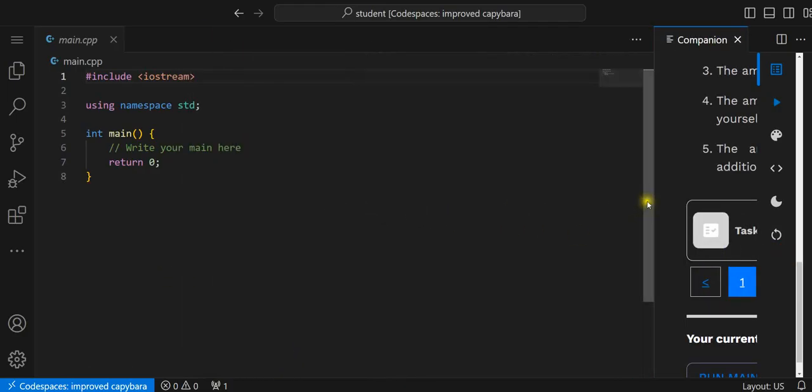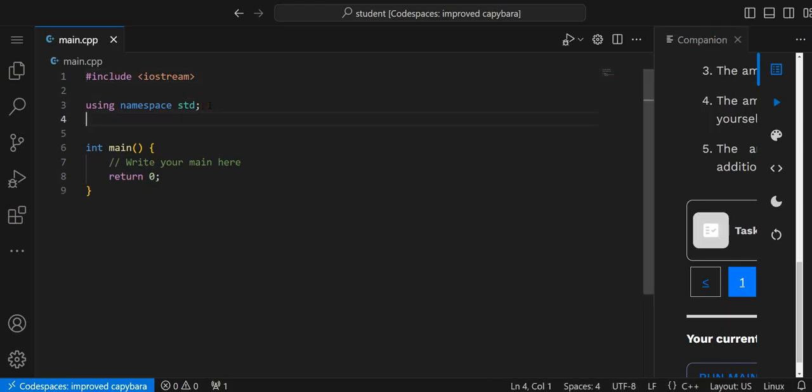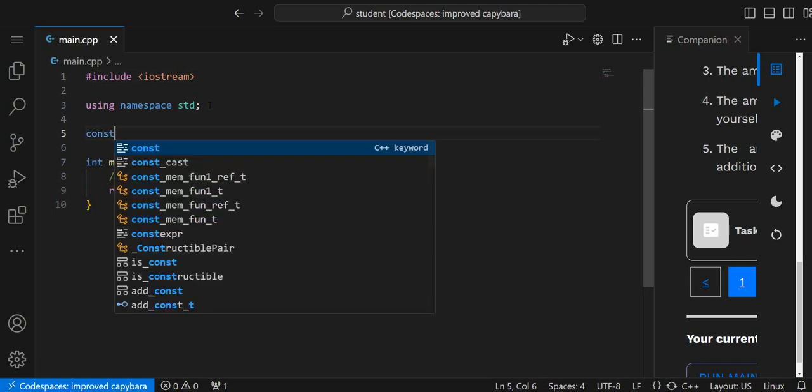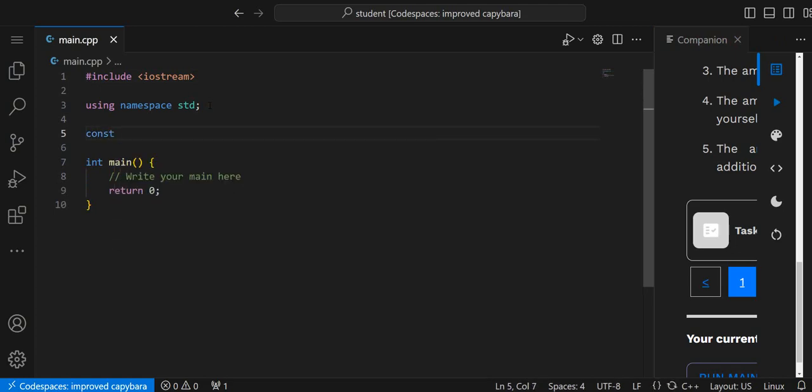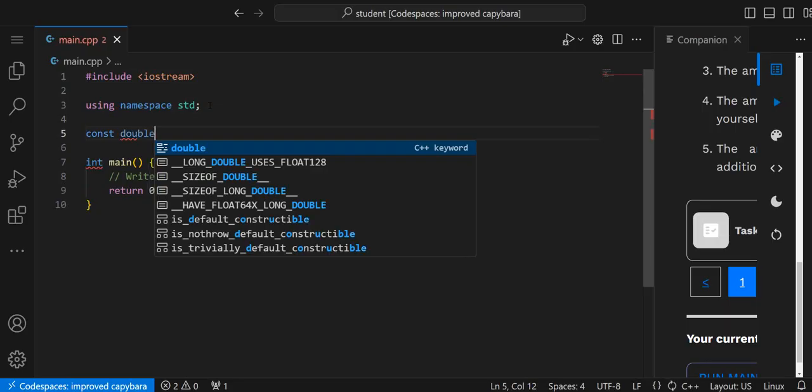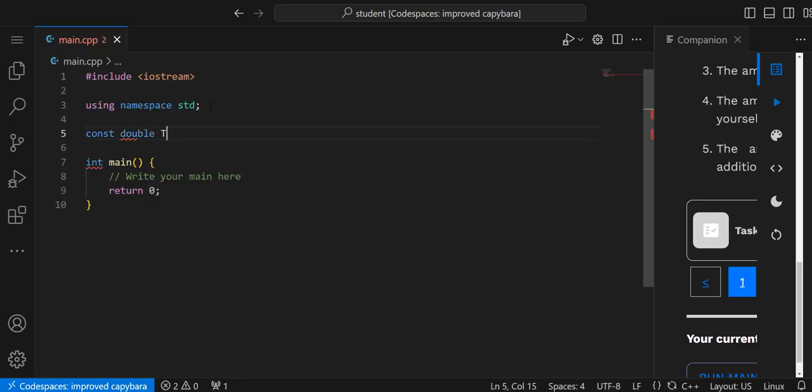Alright, and here we have it. So let's go ahead and get started. First thing we're going to do, let's do our constants, variables. And let's make a little room. Let's do the first one. It's a double. Actually, they're all going to be double because they're going to involve money.